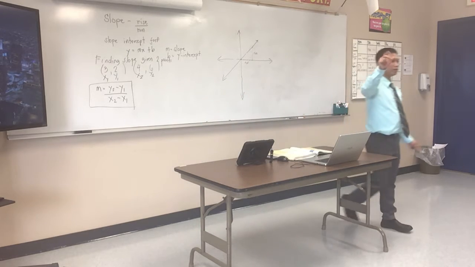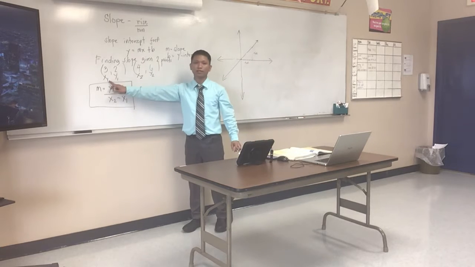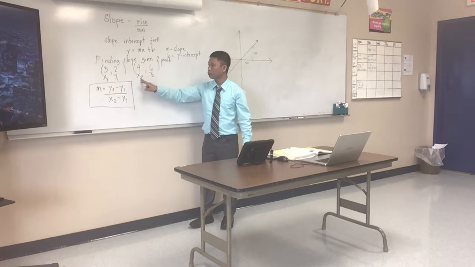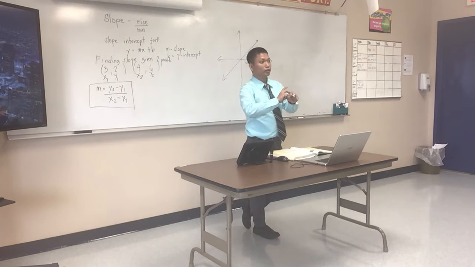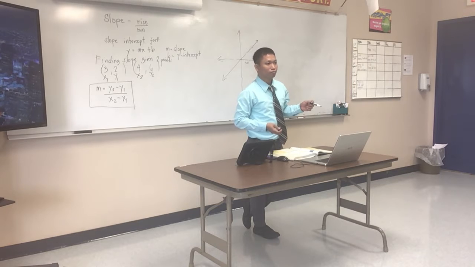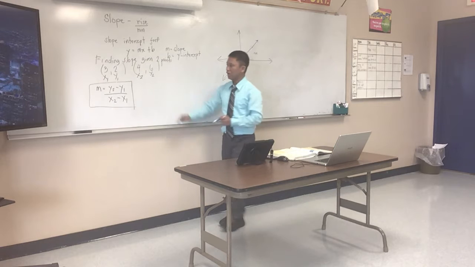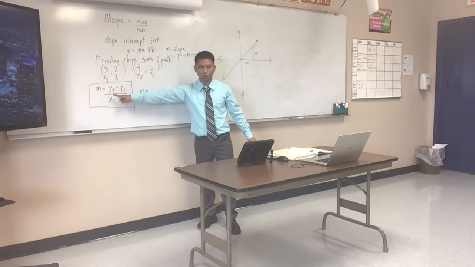Can we interchange that one? For example, this would be our x sub 2, y sub 2, 3, 2, and this would be our x sub 1, y sub 1. Can we interchange? Yes, we can interchange this one. To solve for the slope, we just substitute.